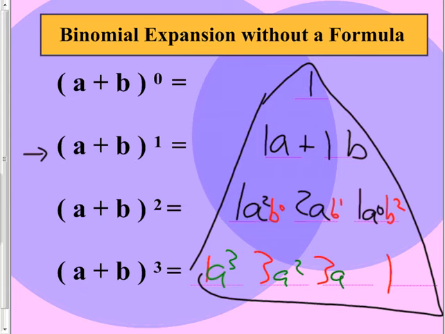I'm just going to leave it off because A to the 0 is really not going to be needed. And then random person, last person in this row. So B to the 0 is 1.